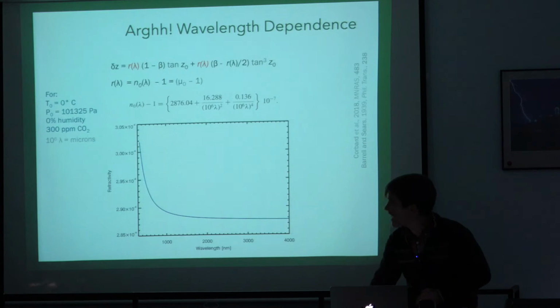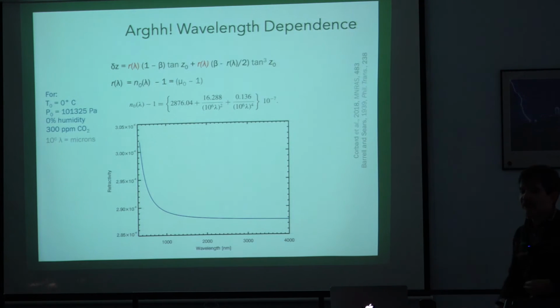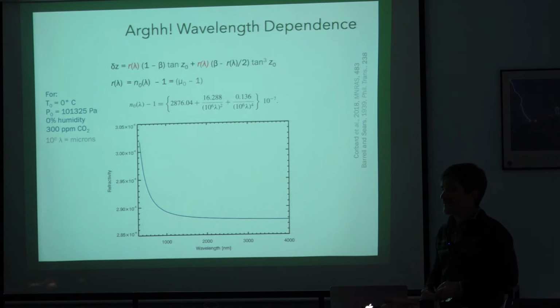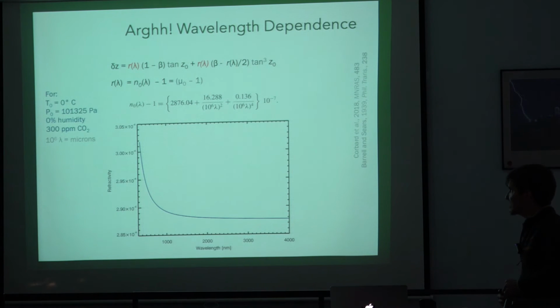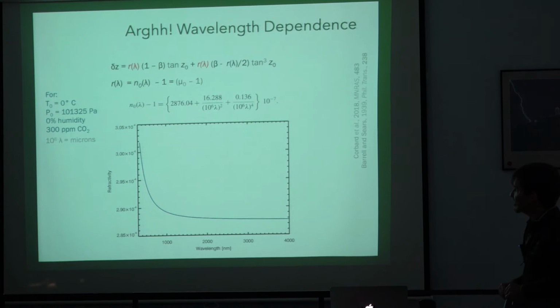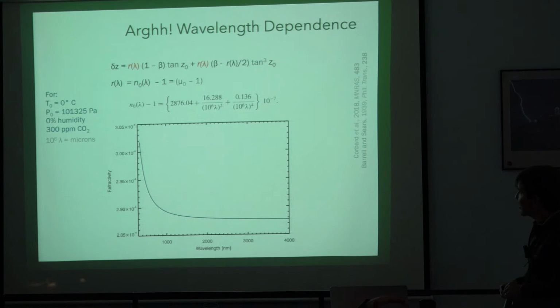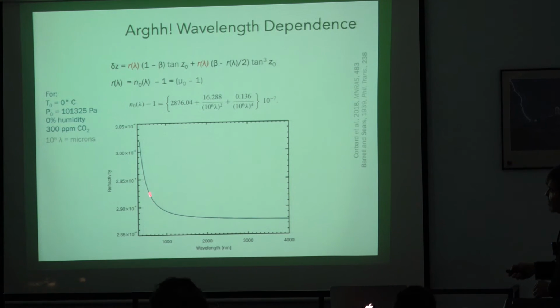And so this is a problem because it means we have a wavelength dependence of our refraction, and so we can't assume the same part of the sun appears in the same place in the sky at all wavelengths. It's basically because the index of refraction depends on wavelength, and that's much more significant in the blue.